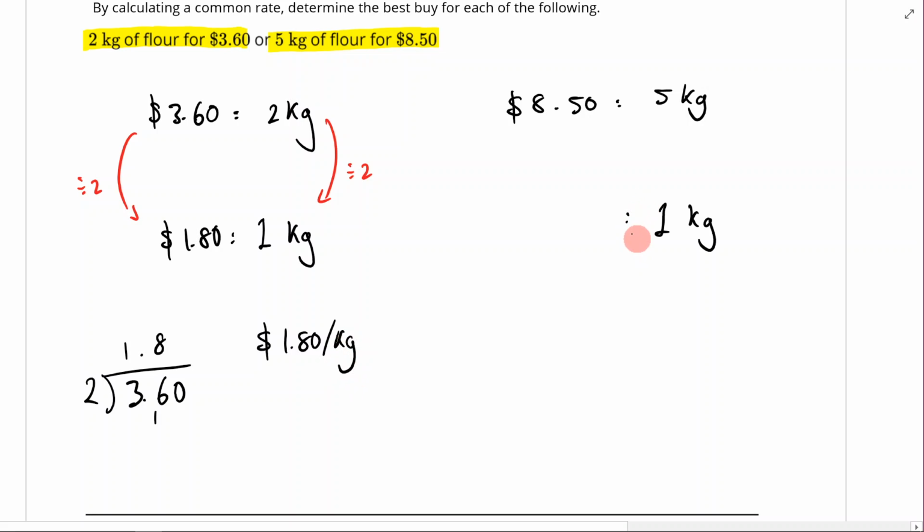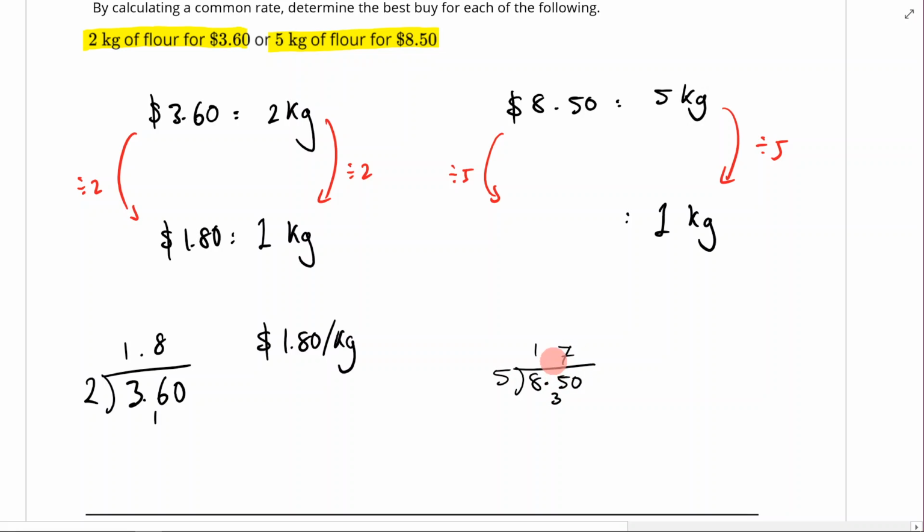Then we come over here and I have to turn this 5 kilos into 1 kilo. So I'm going to have to divide by 5. So I'm going to have to go 850 divided by 5. So I come over here and I go 5, 850. How many times does 5 go into 8? It goes in 1 time with 3 left over. How many times does 5 go into 35? It goes in 7 times.